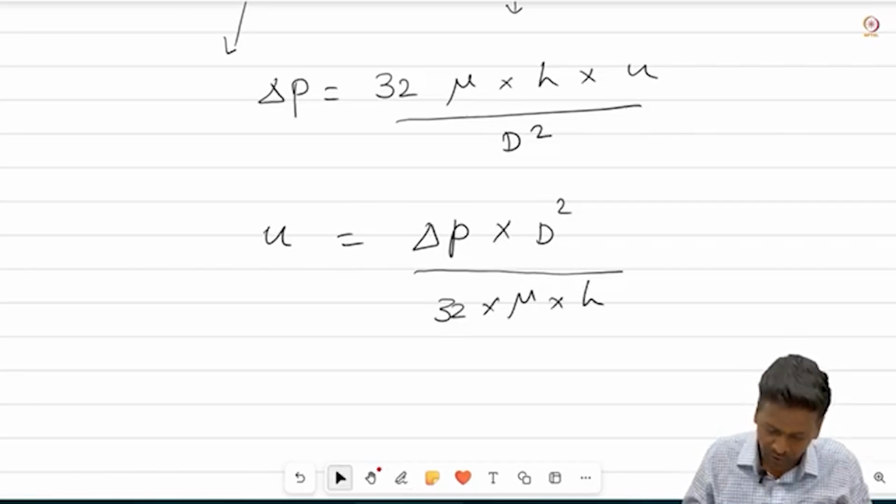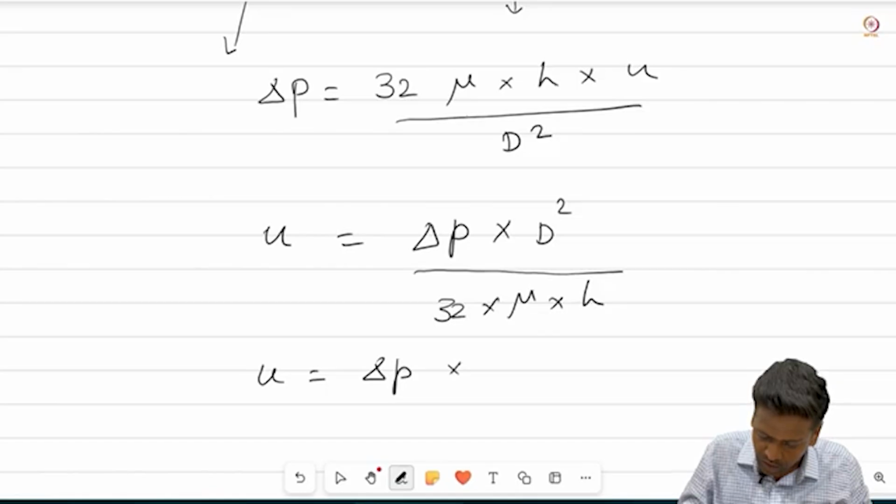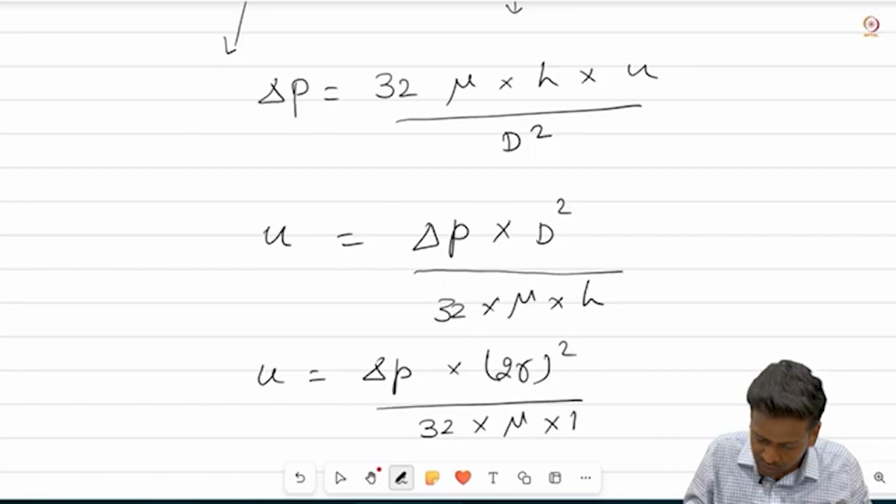We can actually write this D in terms of the capillary radius. One would write this as 2 R square divided by 32 into mu into H, right?